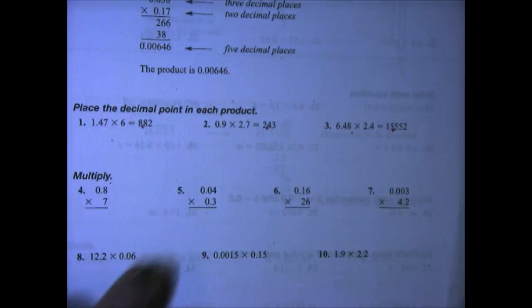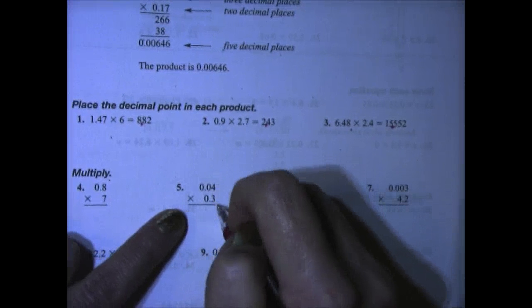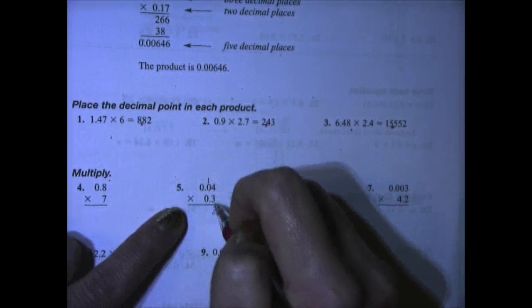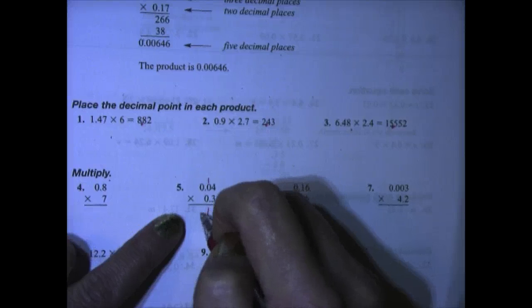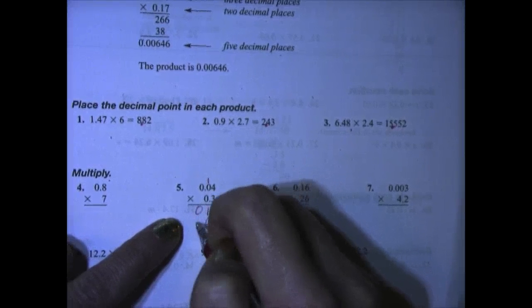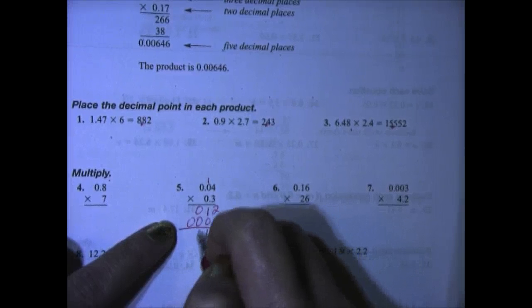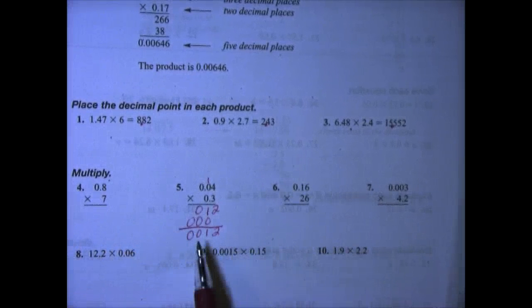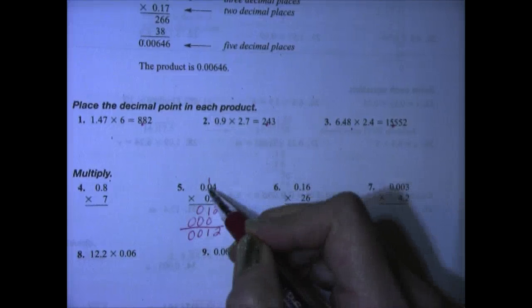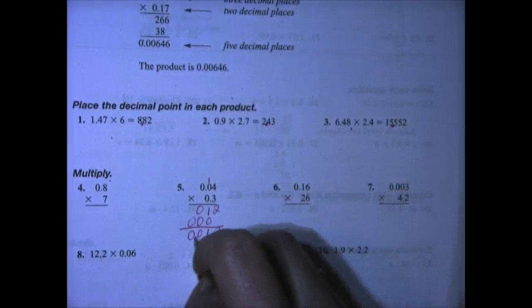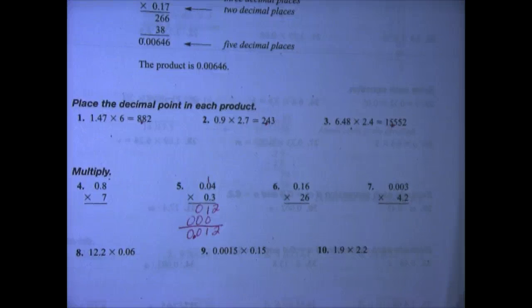So I'm going to look at number 5, and let's go ahead and multiply that one out. Okay, so I get 0, 0, 1, 2. I have 1, 2, 3 places, so I'm going to get 12 1,000ths as my answer.